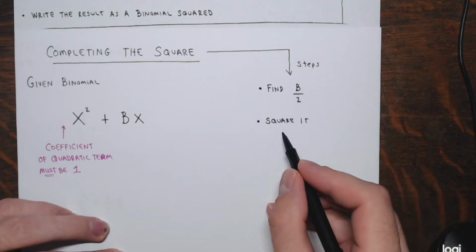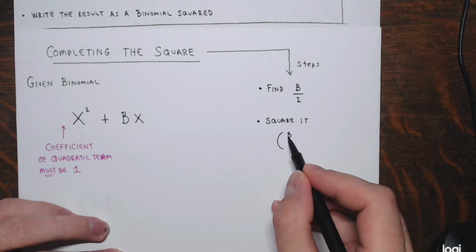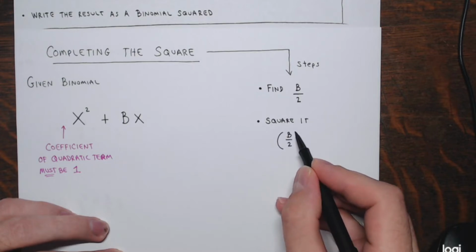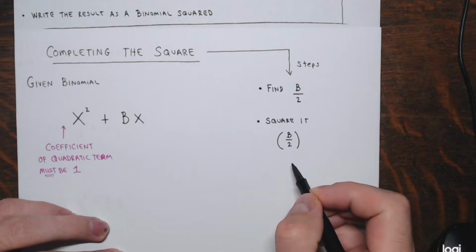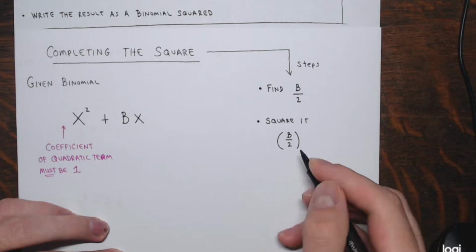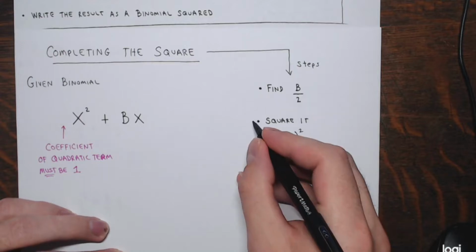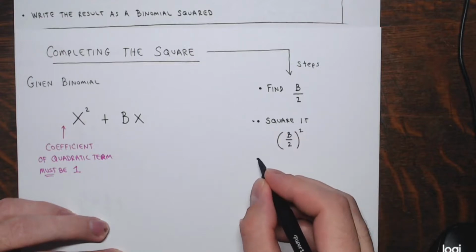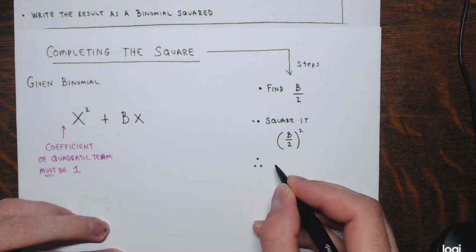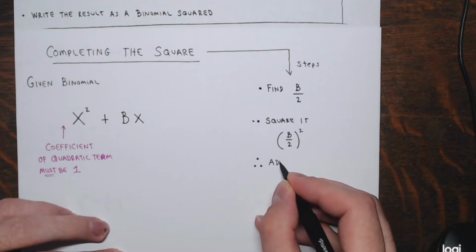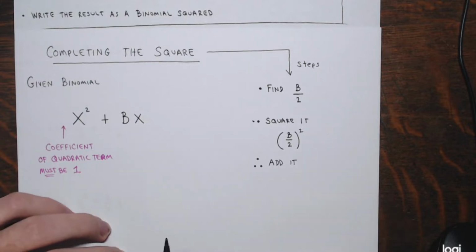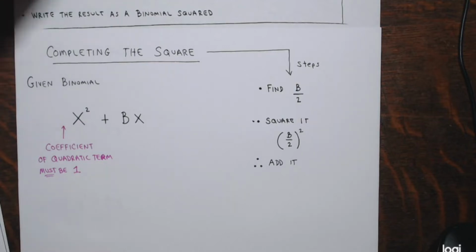That means you take half of b, b divided by 2 or 1/2 times b, whatever you want to write, and square this. Add it to the expression. So I'll write that here.